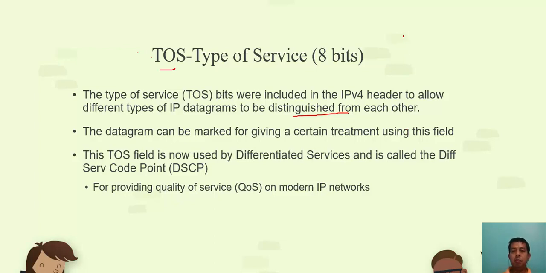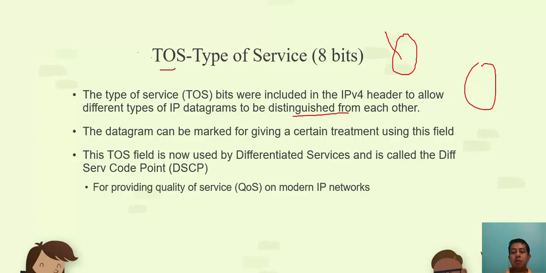Say one particular datagram has data of an application sending real-time data, say some match is being telecast live. In another datagram, some other type of data is sent where the priority is less, that means it does not have to be delivered in real time.